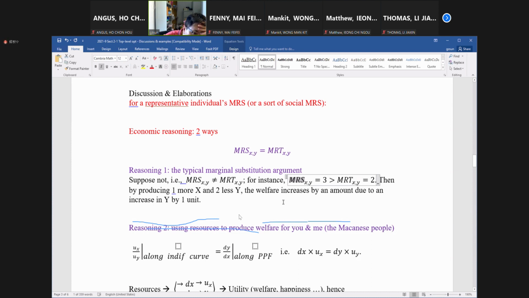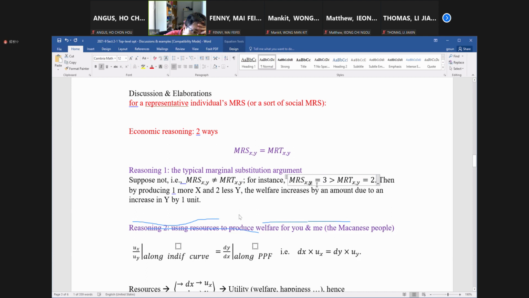But here, the meaning of the marginal rate of substitution between x and y equals 3, you can also understand differently. Don't be constrained by the given indifference curve. That's a key point. The meaning is 1x is equivalent to 3y.